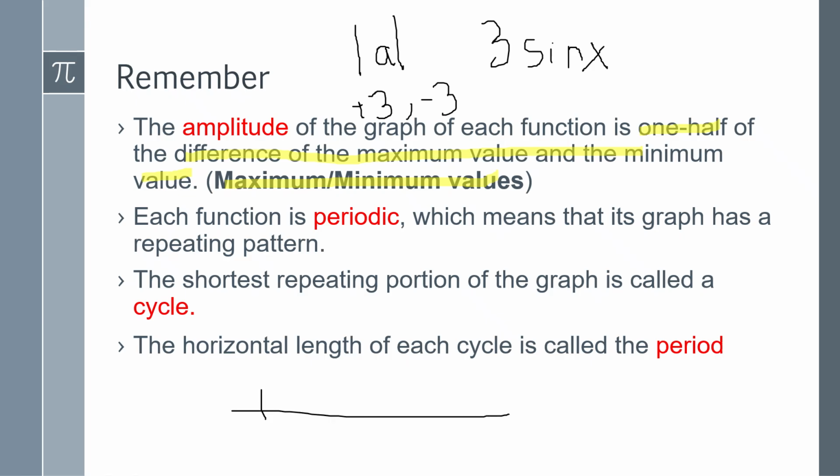So this is negative 3, and then here is positive 3. We know that takes six little integers to get from negative 3 to positive 3, because negative 3, negative 2, negative 1, 0, 1, 2, and 3. So that's why we got 6. But then from there, because it says 1/2 of the difference, therefore we got 3. So that's how we figure out the amplitude.